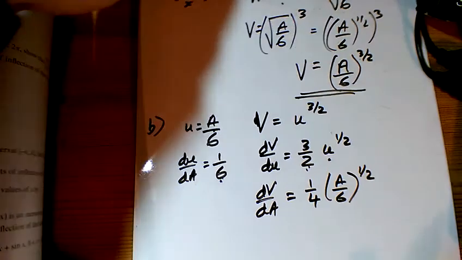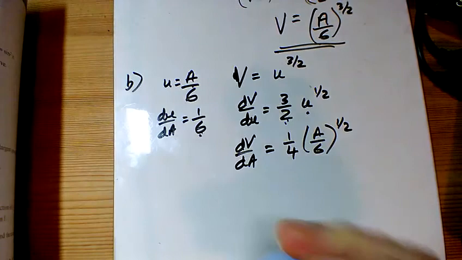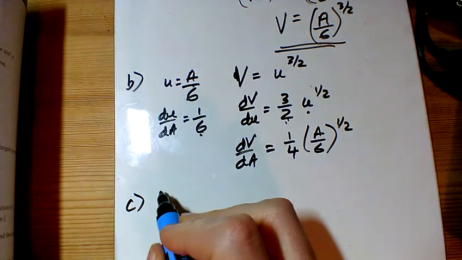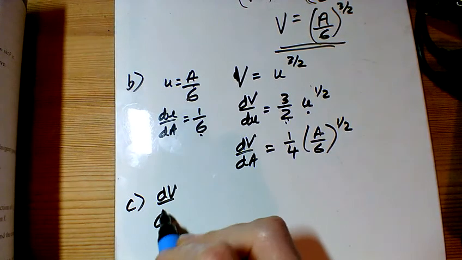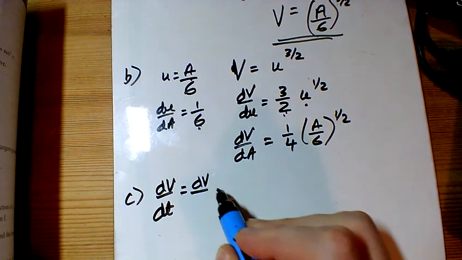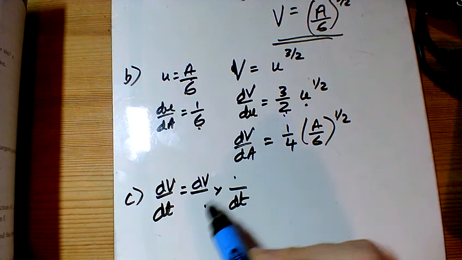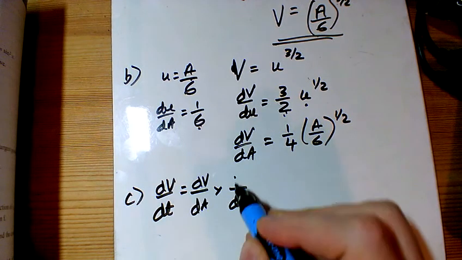So now the final bit of this is to put this together. The question wants us to find out what dv by dt is. So using a chain rule, I need a dv on the top, I need a dt on the bottom, and these two here have got to be the same, and so the question's all about a's, isn't it?